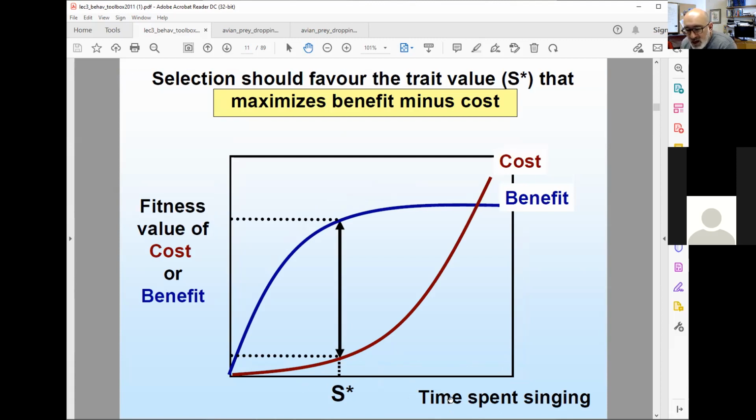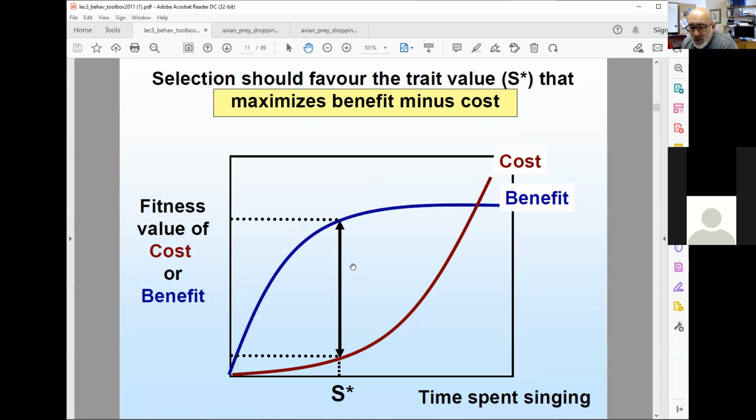In this case, this is time spent singing, a behavior. So the optimal time spent singing is at this point here, because this is where there is a maximum difference between the cost curve and the benefit curve. Okay, so this is where you have maximized the fitness of this behavior.